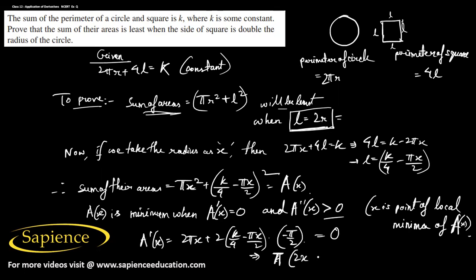Pi into this will be 2x, and the 2 and 2 will cancel. So then this will be minus (K by 4 plus pi x by 2), that is equal to 0.